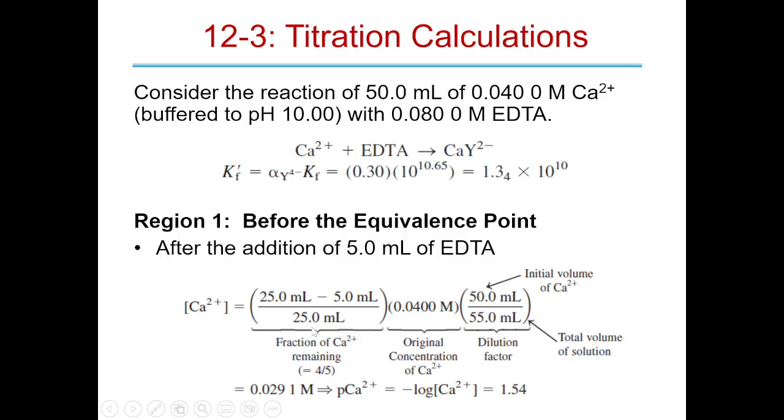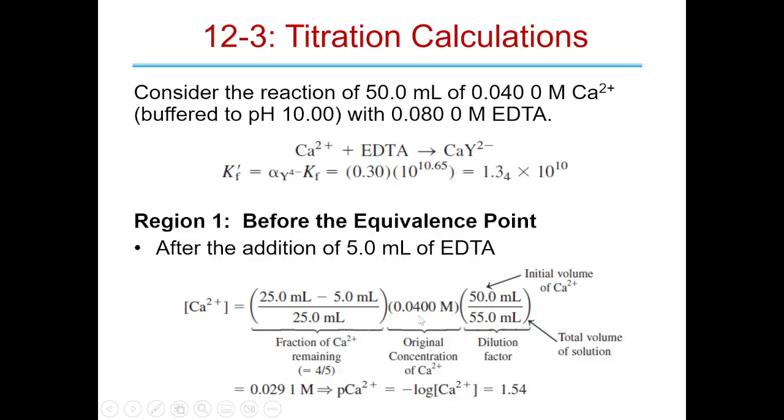So what we do is we're going to figure out how far away we are from the equivalence point. And so it would take 25 milliliters to reach the equivalence point, minus 5 because we added 5 milliliters of that to it. This would be divided by 25. This would be your fraction of calcium that remains. The fraction of calcium that is not bound to EDTA, right?